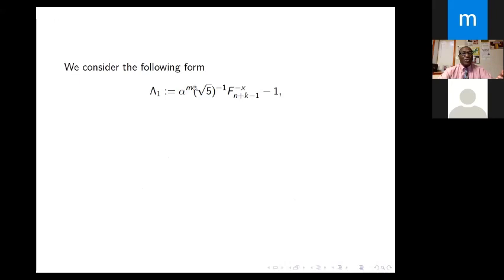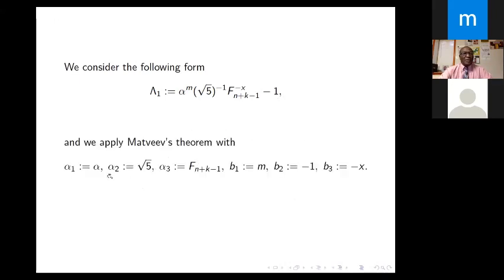When you take the log of both sides, you have a linear form in logarithms. And we consider alpha 1 equal to alpha 2 equal to square root of 5, the numbers we have here, and alpha 3 equal to F n plus k minus 1, and the coefficients are m, the exponent we have here.